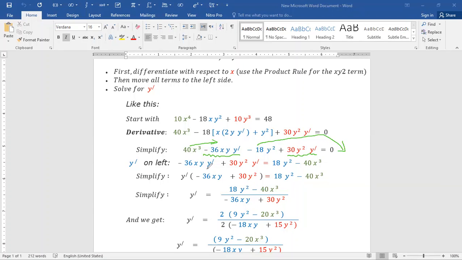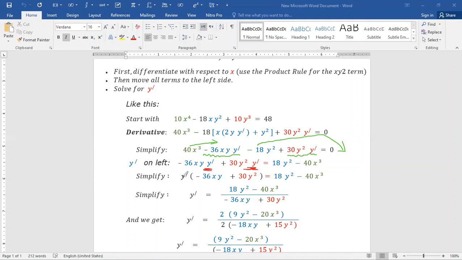Which one is y prime? This is y prime, and this is y prime. Take out y prime as a common factor. What is the remainder? Minus 36x y plus, taking out y prime, remainder 30y square, equals 18y square minus 40x cubed.